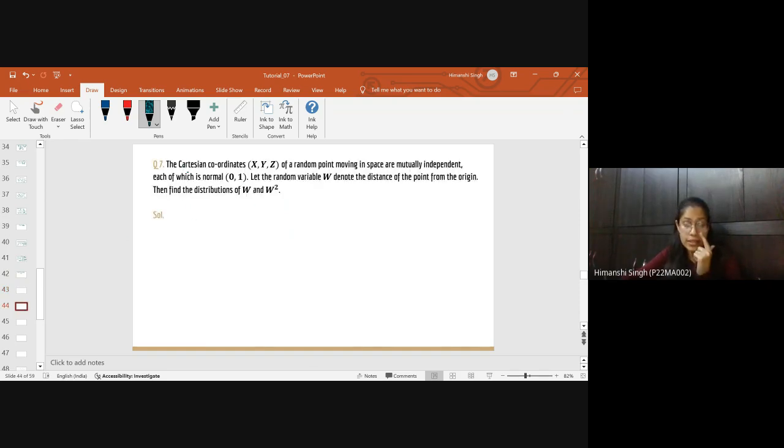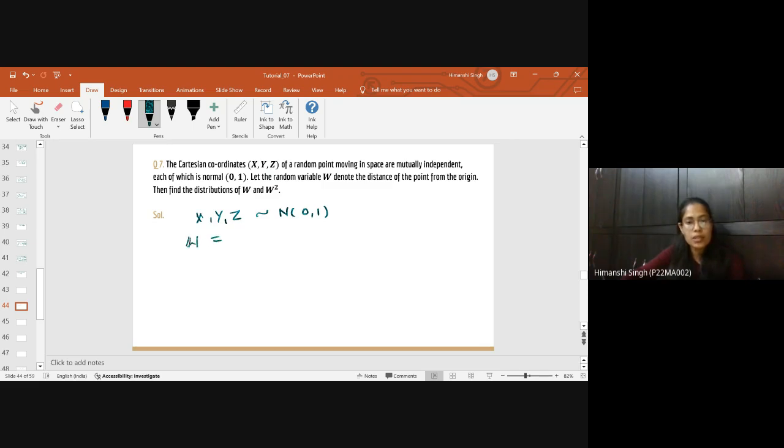So here the question is that the Cartesian coordinates x, y, z of a random point moving in space are mutually independent, each of which is normal. So x, y, z are all standard normal random variables. Now let the random variable W denote the distance of the point from the origin. Can anyone tell me what is the distance of a point from the origin?